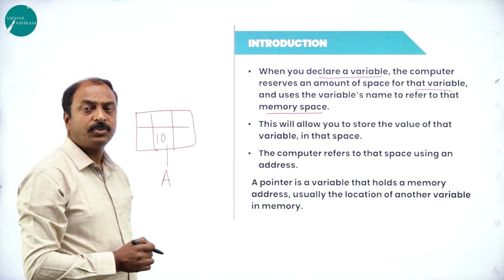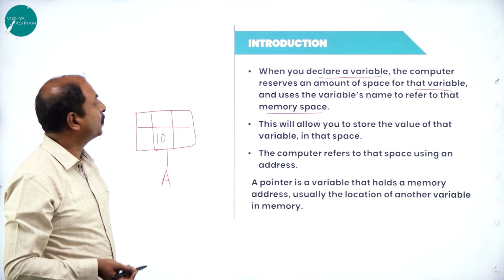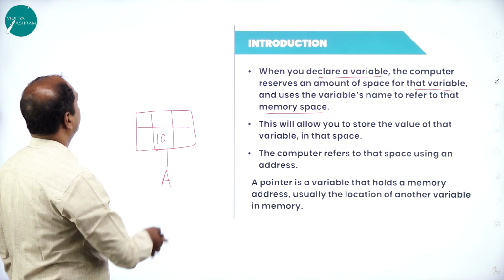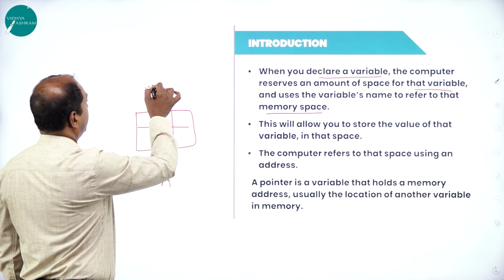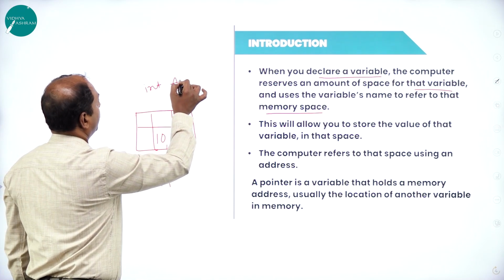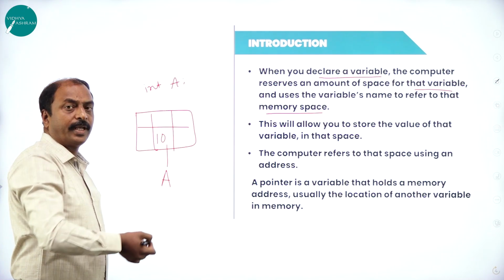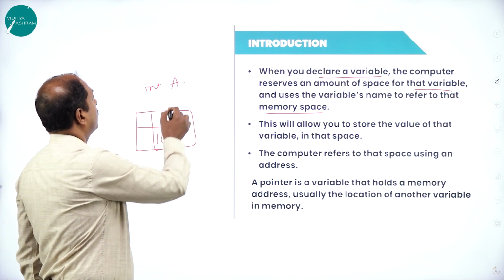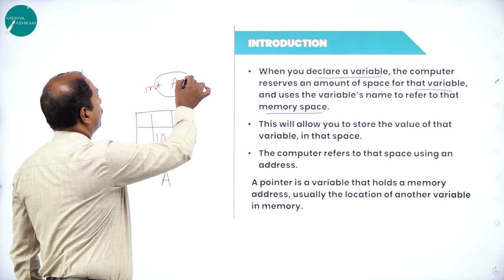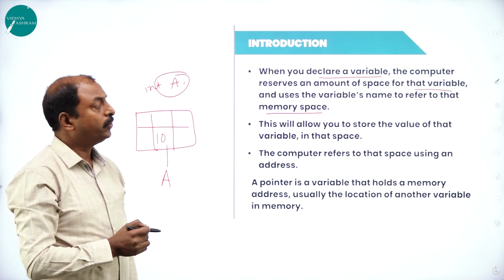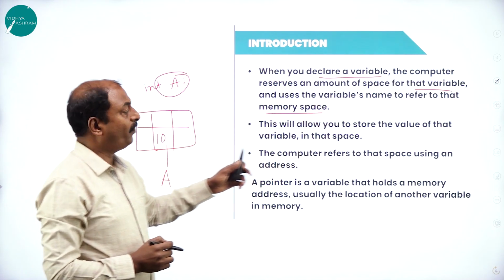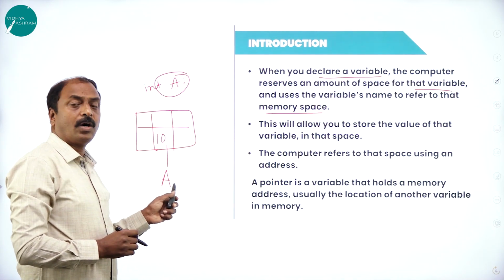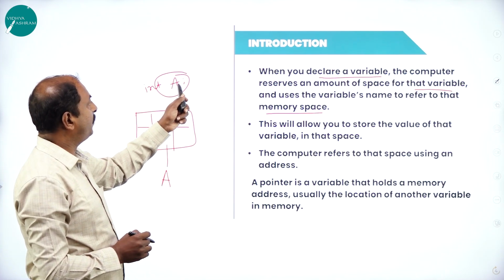As soon as you declare a variable in computer programming, for example int A, the computer reserves some space for the variable A. The values stored in A are accessible through this variable.